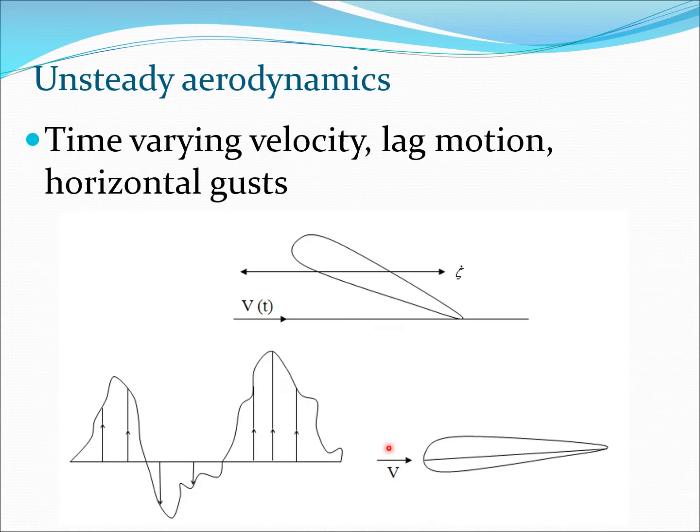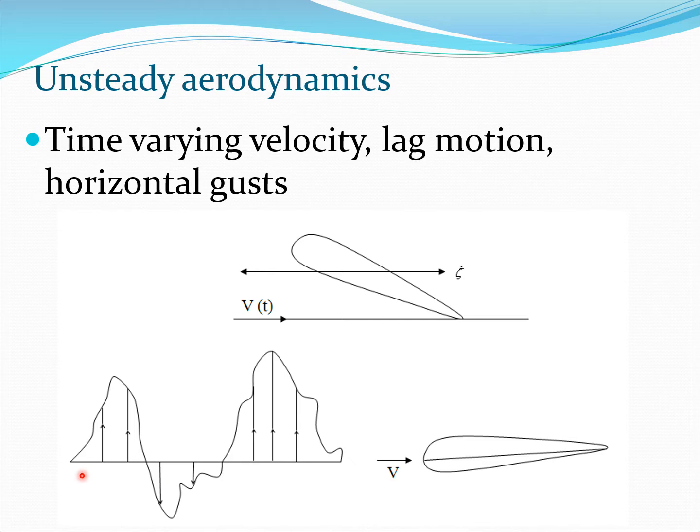Besides this, there are some more sources of unsteadiness. For example, you have time varying velocity itself. So we have seen that in forward flight, the velocity is time varying. It is a function of psi, and therefore it is a function of t. So V is a function of t. Secondly, we have taken a look at the lag motion. For example, the lag motion itself is a function of time, therefore zeta dot is going to be present, and so there is unsteadiness in this direction also.